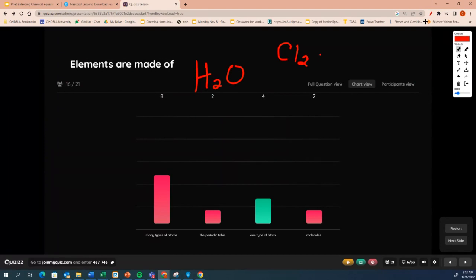Cl2 is one element, they're just two of them bonded together. That's still an element. It's one thing. A capital letter and little letter will tell us that it is one element. Sometimes things like carbon have only one letter. That's one element. Okay, let's do the next one here.